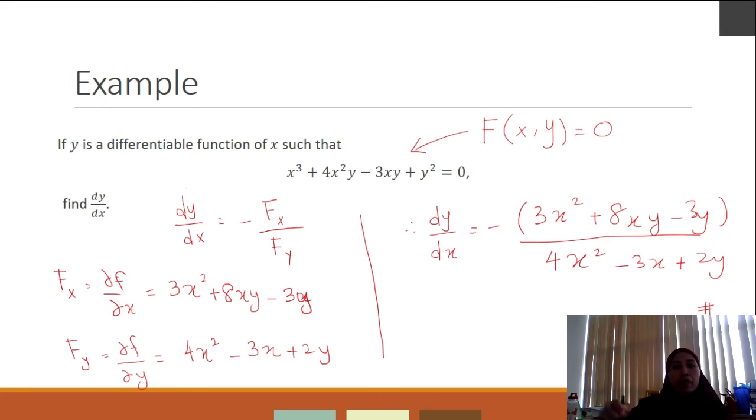Let's say from this question we need to find the value of dy/dx. We want to find the value of this gradient given a point, for example 1 and 2.